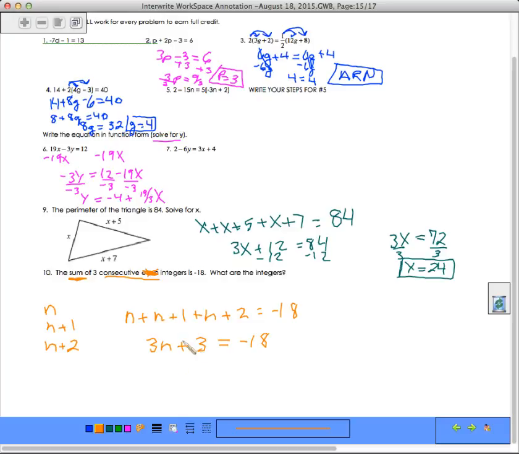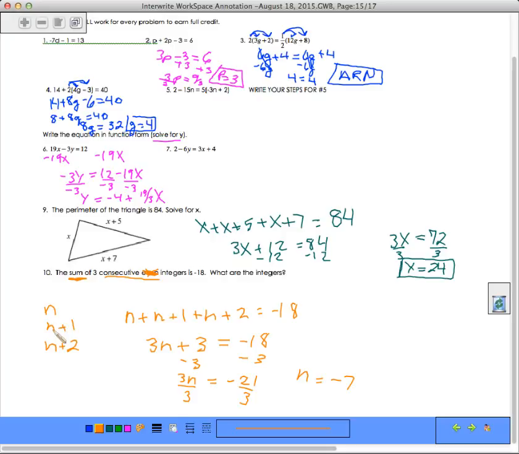I want to get n by itself, so I have to move this 3 first. Subtracting 3 on both sides, I get 3n equals negative 21. To get n by itself now, I divide by 3, and I get n equals negative 7.